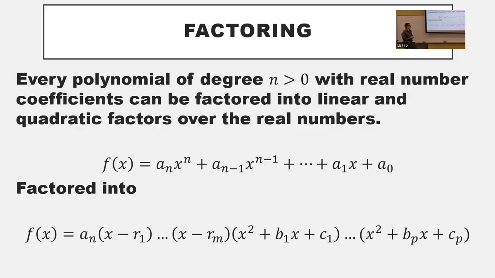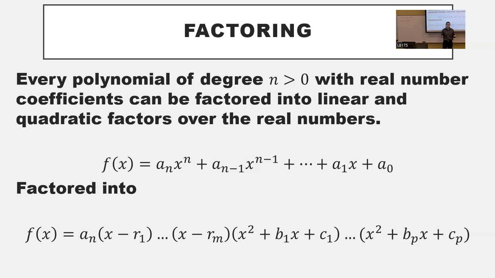But that means that if we want to factor over the real numbers, then we can factor it into linear pieces where the roots are real. And then anytime I have a complex root or a complex zero, I'll have its conjugate pair.